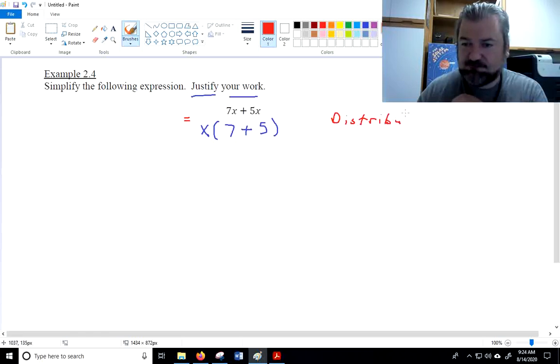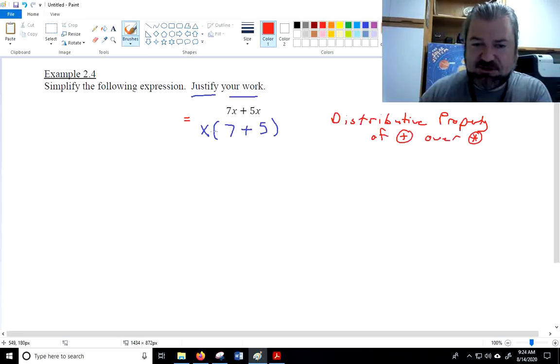Distributive property of addition over multiplication, which says that if I have multiplication times a sum, that's the same as multiplying each part of the sum and then adding the result. You're probably more familiar with going from this bottom step to the top step, but it's also important to be able to go the other way.